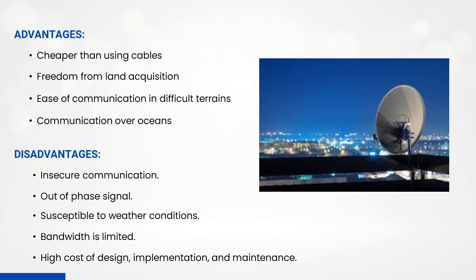Disadvantages: insecure communication. Signals can be intercepted more easily by unauthorized users. Out of phase signal. Signal quality can degrade if waves get out of sync. Bad weather like rain or storms can weaken signals.